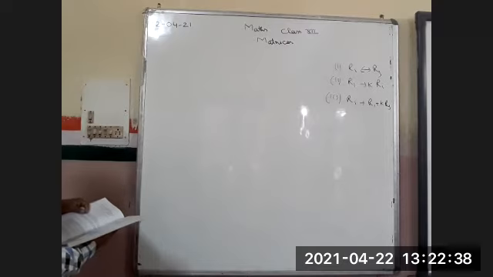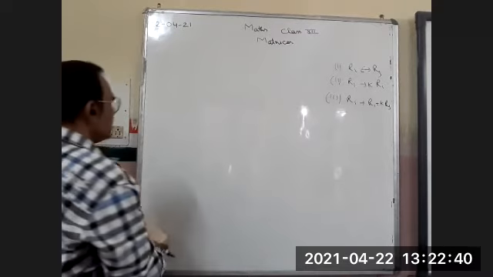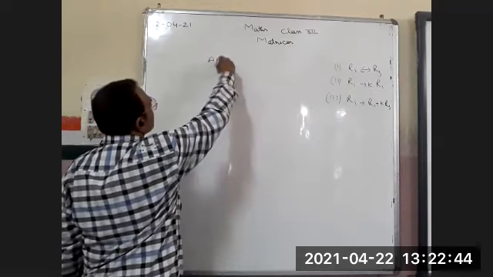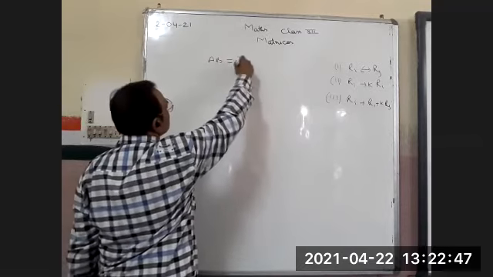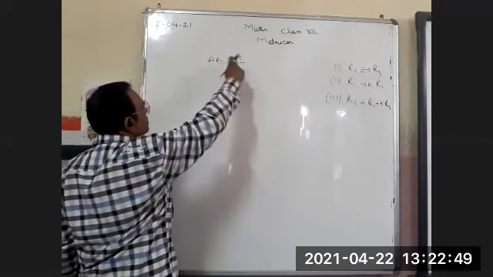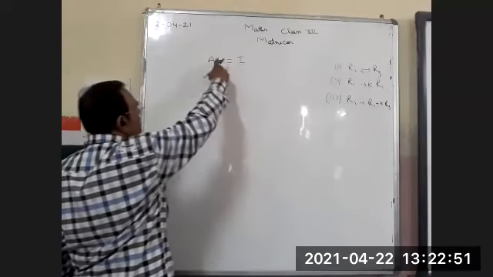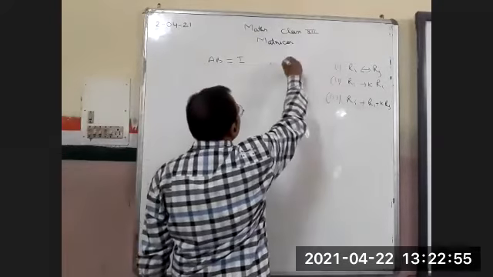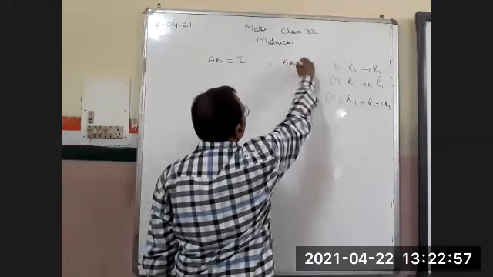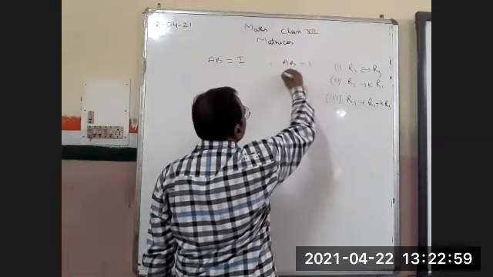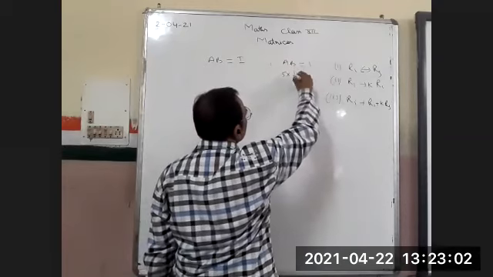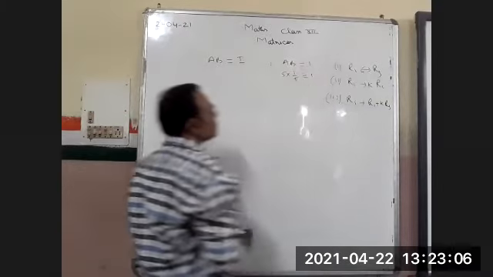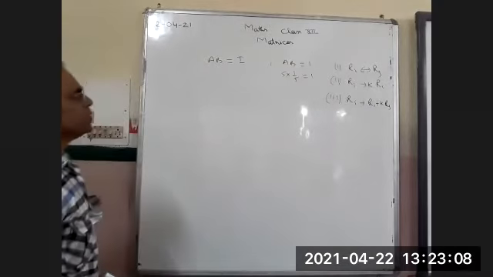For inverse, it is necessary that AB is equal to the identity matrix. If we get the identity matrix, then A is known as the inverse of B and B is known as the inverse of A. As you have studied, if the product is 1, like 5 into 1/5, the product will be 1, so 5 is the inverse of 1/5 and 1/5 is the inverse of 5.